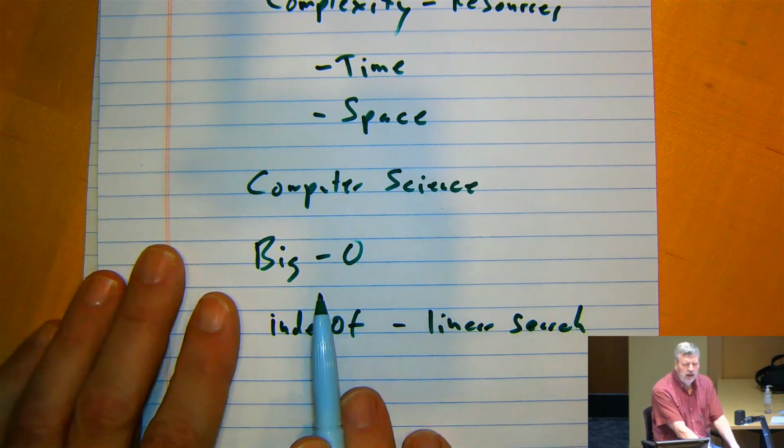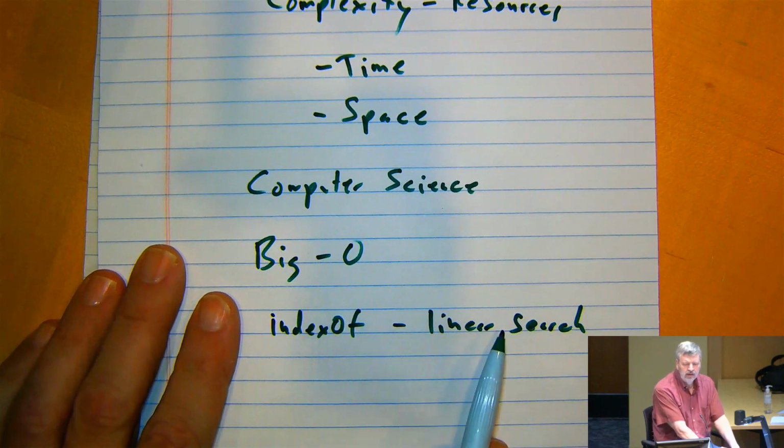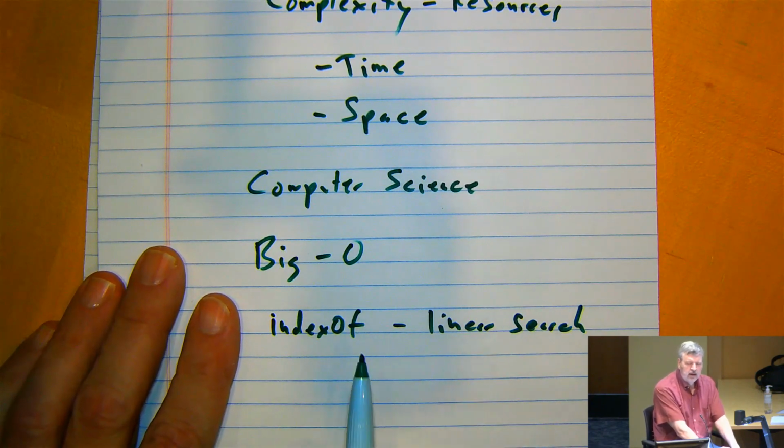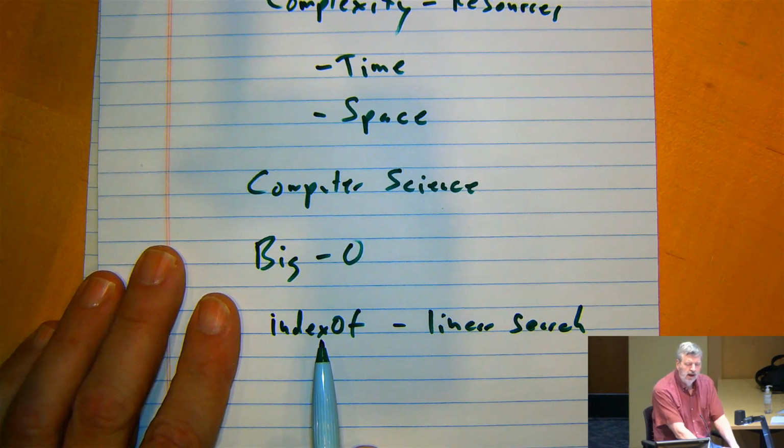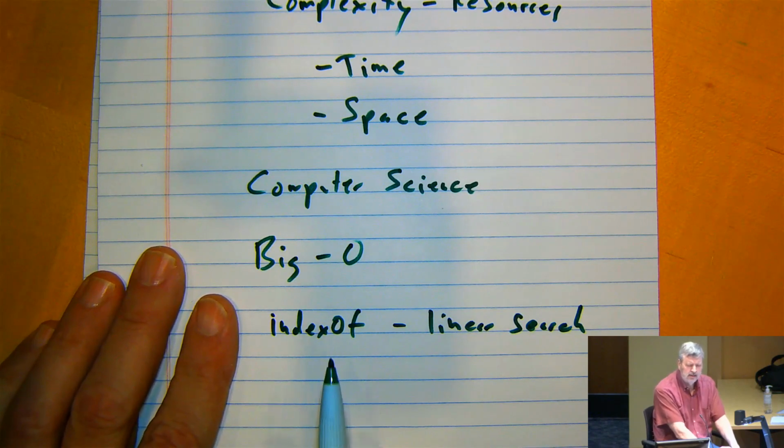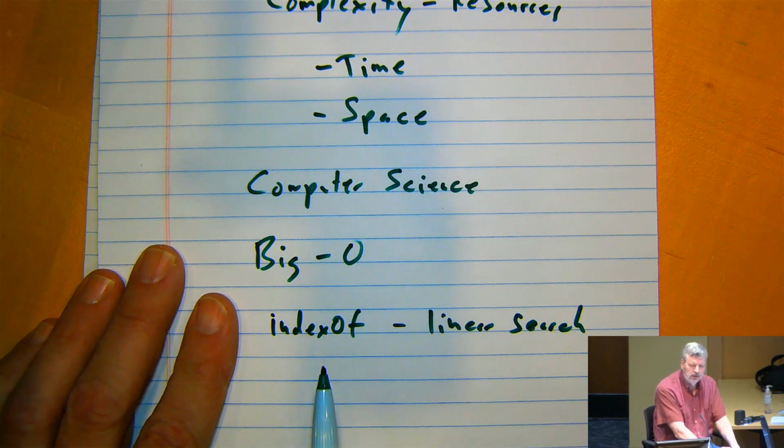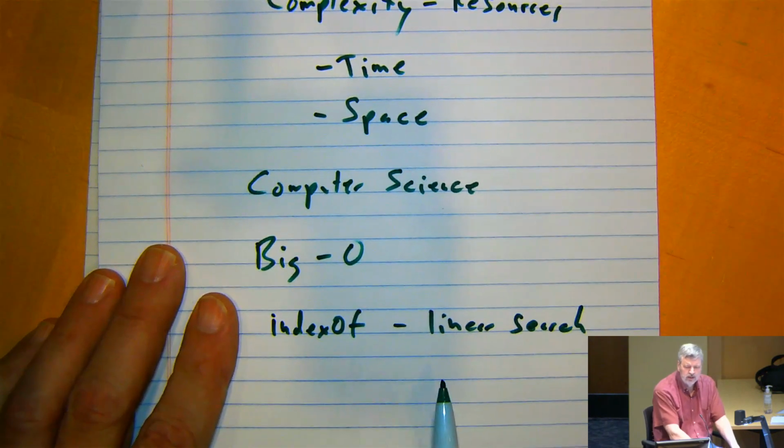Well, how much work does index of take? It was a for loop, the way that we wrote it in the array code. It was a while loop, if I'm not mistaken, in the way that we wrote it for the linked int list class. But basically, we start at the beginning and see if that's what we're looking for, and if not, we go to the next one, go to the next one, go to the next one.